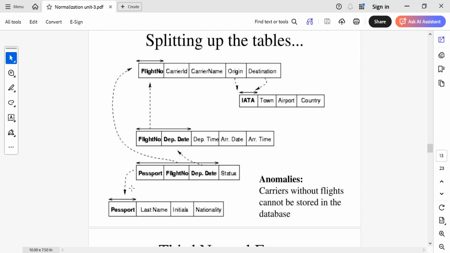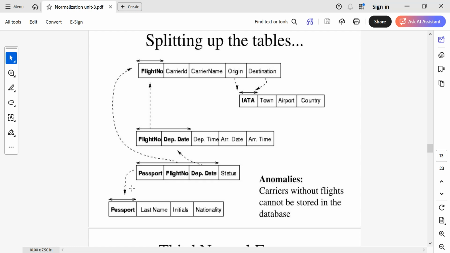Carrier ID, carrier name, origin, destination, all these attributes are dependent on flight number. Same as town, airport, country, these attributes are dependent on IATA. Same as passport, flight number, and departure date, these three combine together and we make one table.